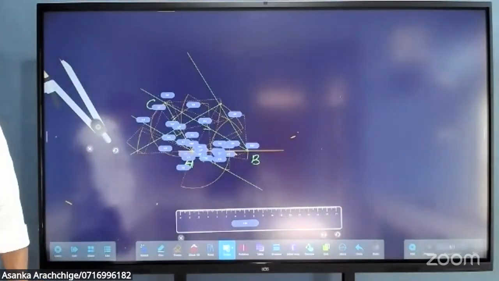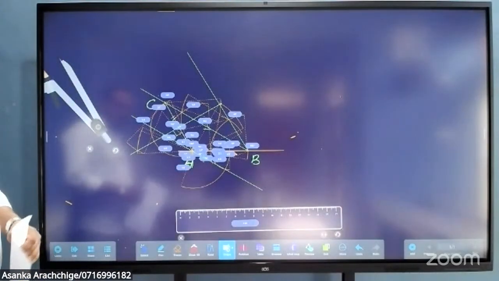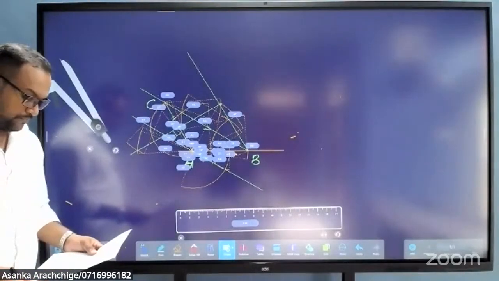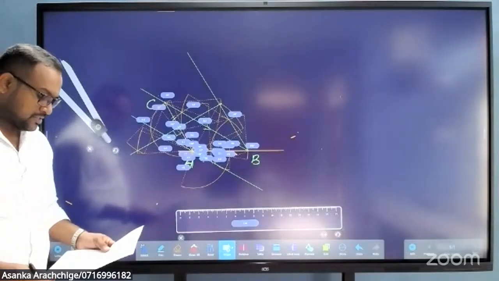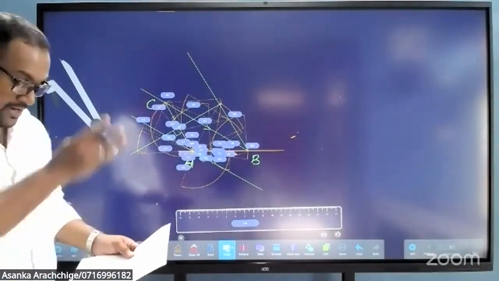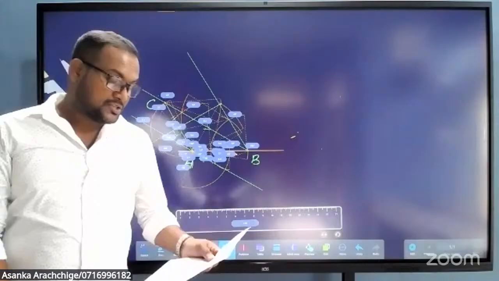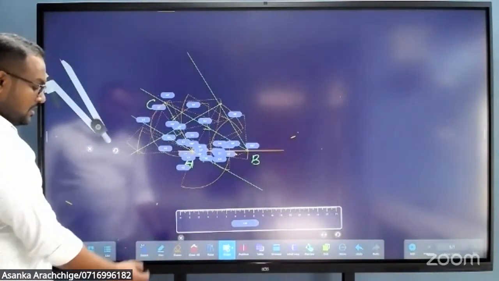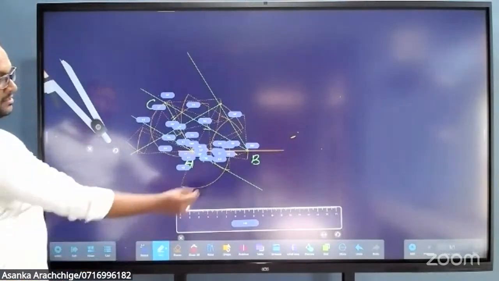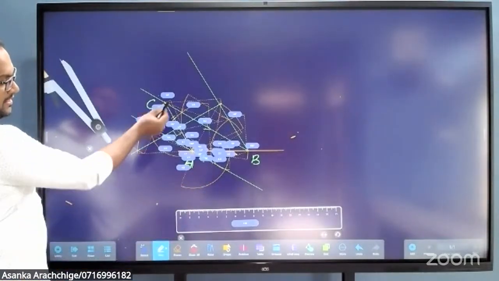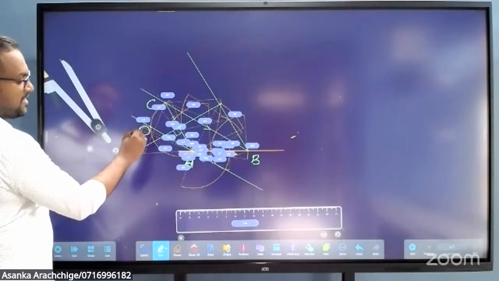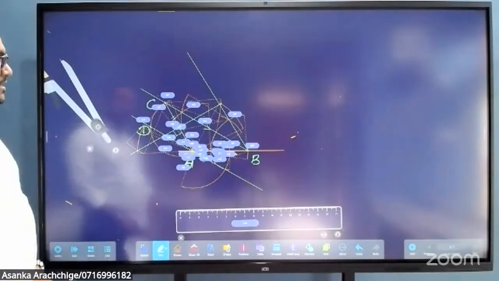Construct a straight line through A parallel to BC such that it intersects the semicircle at D. The point of intersection of this parallel line and the semicircle must be named D. මෙන්න මෙයා D කියලා name කරන්න කියලා කියනවා.